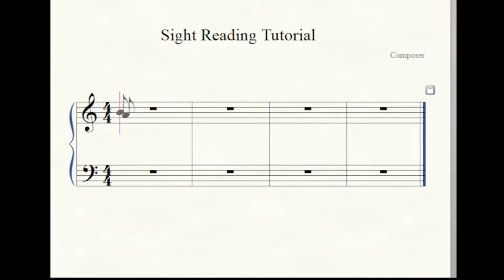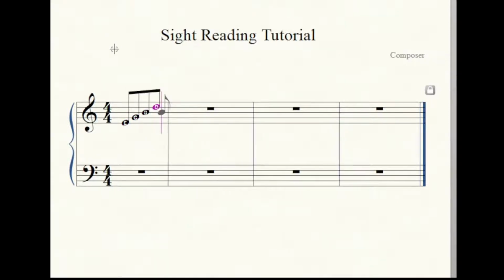So let's start getting into the note names or the pitches of the notes. The notes that are on the lines are E, G, B, D, F. Now, a lot of times you're taught the acronym, every good boy does fine, to memorize what each note is on the staff.